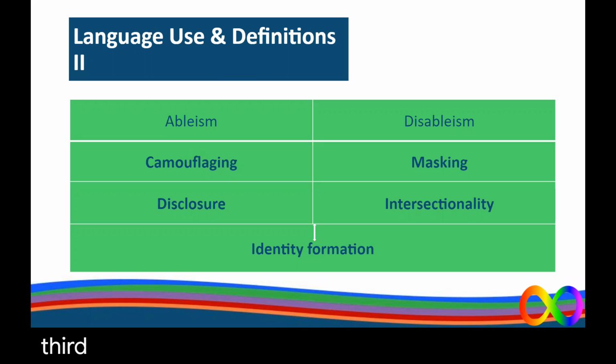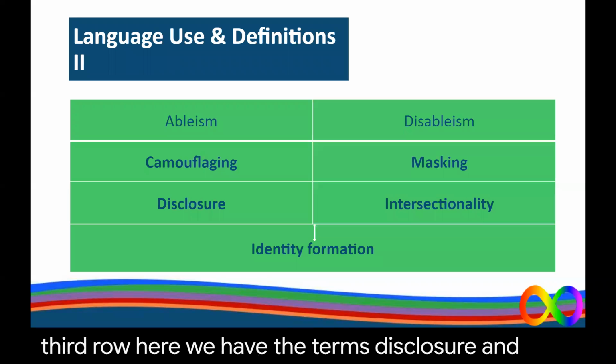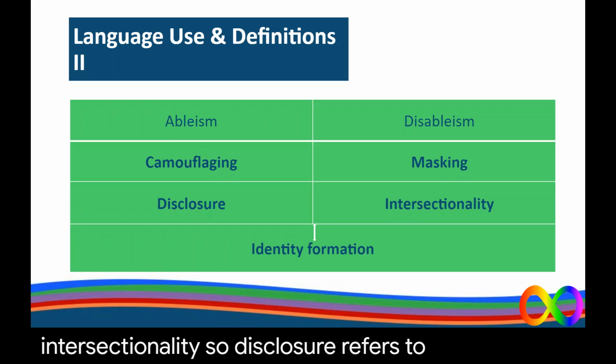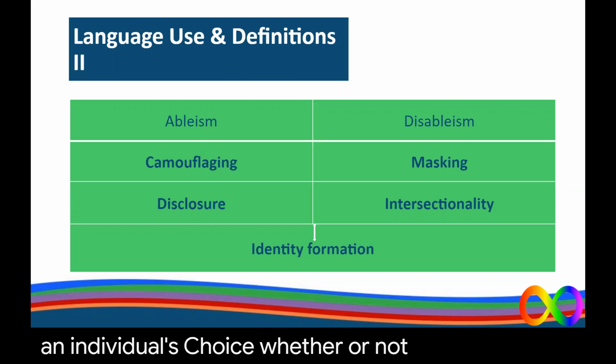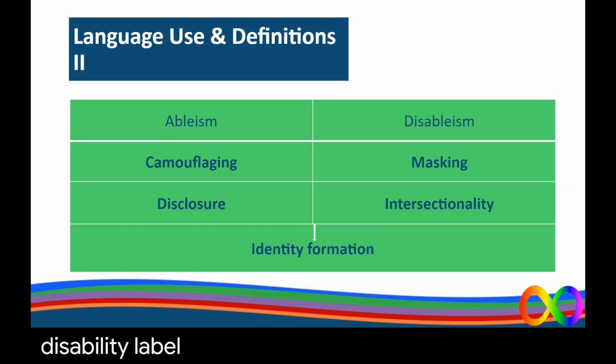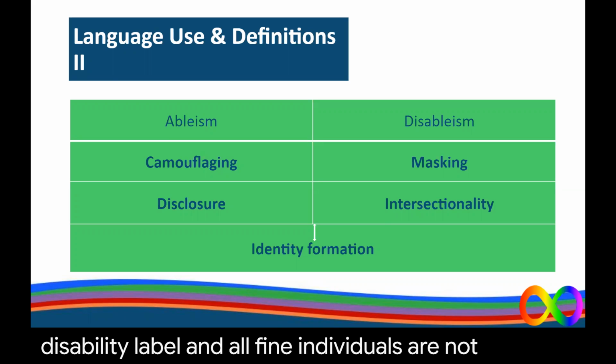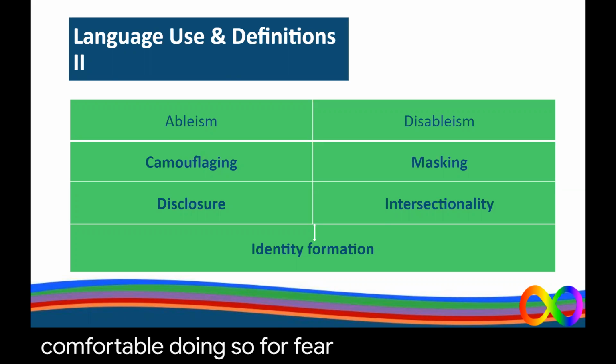Then in the third row here, we have the terms disclosure and intersectionality. So disclosure refers to an individual's choice to share their disability label and or personal disability information. And of note, it should always be an individual's choice whether or not they disclose a disability label. And often individuals are not comfortable doing so for fear of repercussions from past experience.